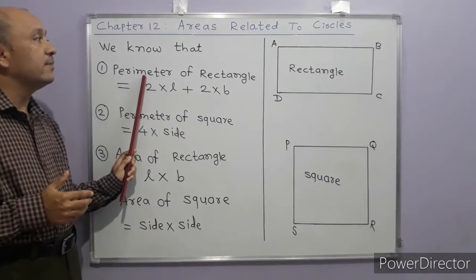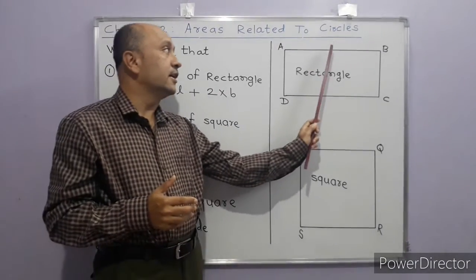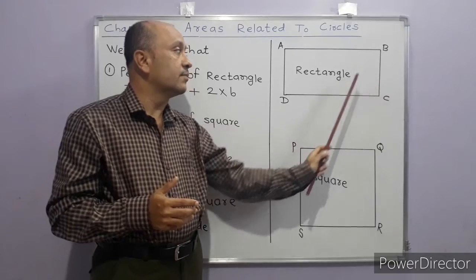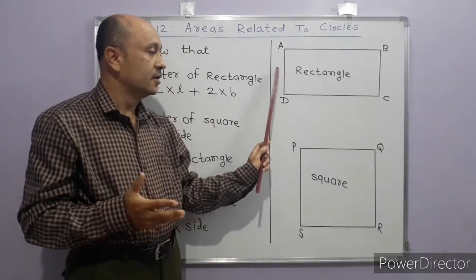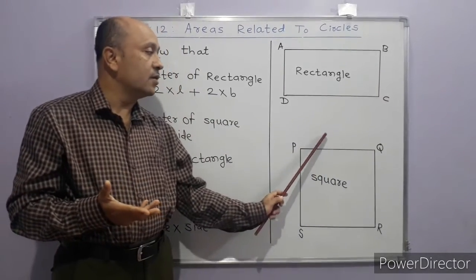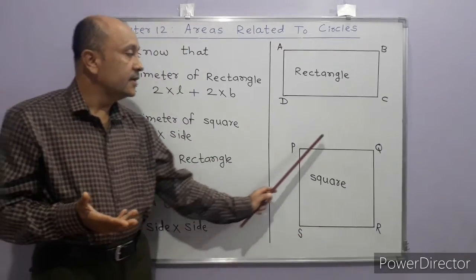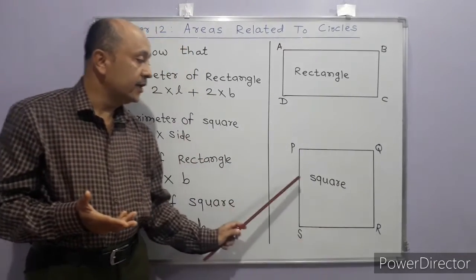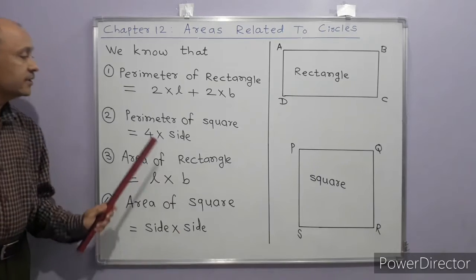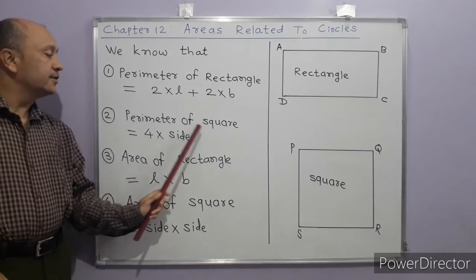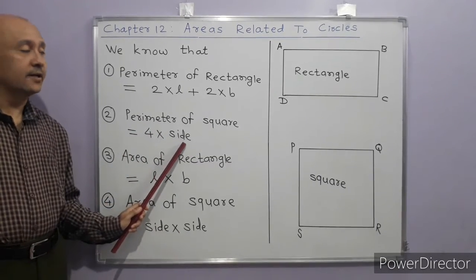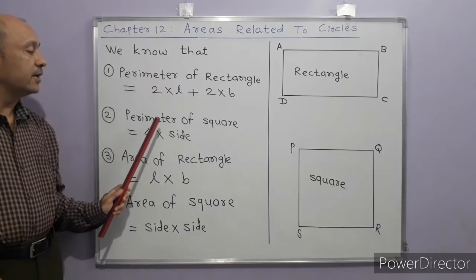That is called perimeter. It is the sum of all sides: length plus breadth plus length plus breadth. In case of a square, all sides are congruent, so it is side plus side plus side plus side. The formula is: perimeter of square is equal to 4 multiplied by side. So this is all about the concept of perimeter.